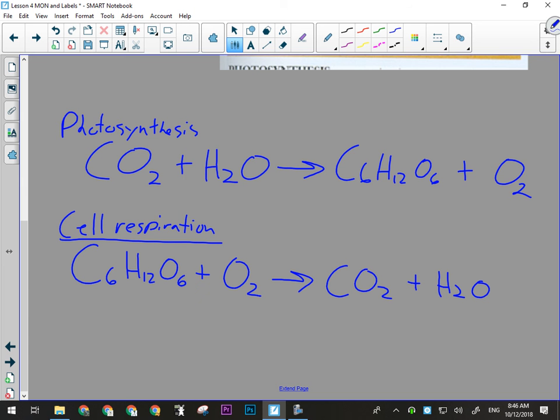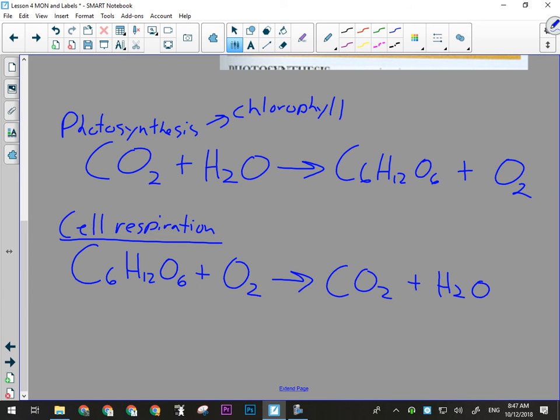Okay, so those 2 reactions require different machinery. Photosynthesis requires chlorophyll, along with other photosynthetic pigments, but mainly chlorophyll. Chlorophyll is the chemical that allows this process to take place, capture energy from the sun, and use it to break carbon dioxide, break water, and reassemble them into sugar and oxygen.